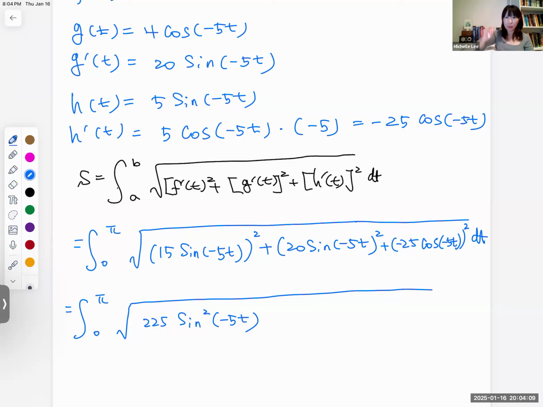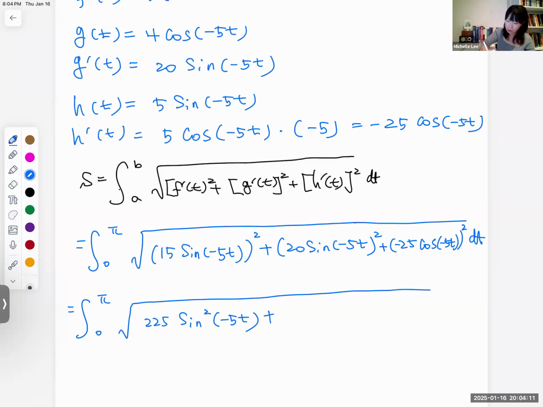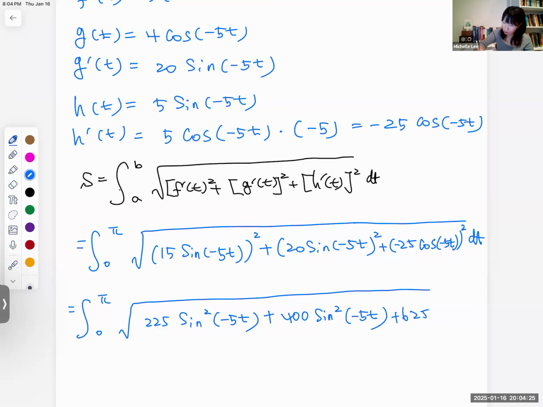And 20 squared, we get 400, and then sine squared negative 5t. And 25 squared, we have 625 cosine squared negative 5t dt.